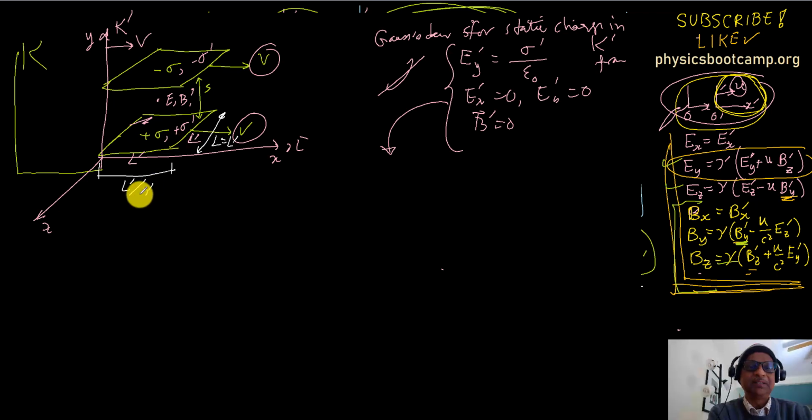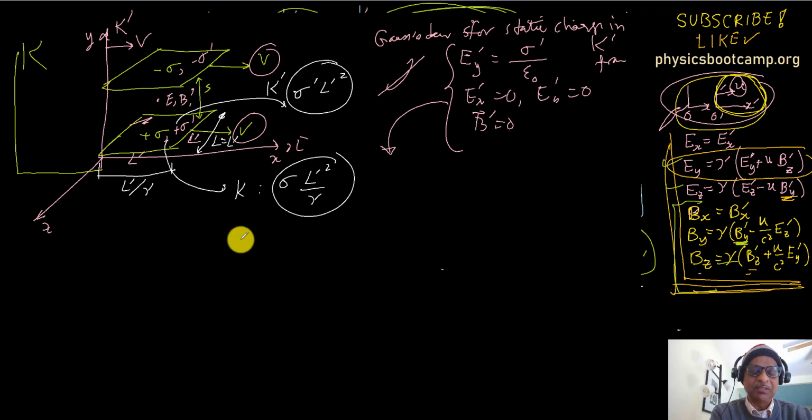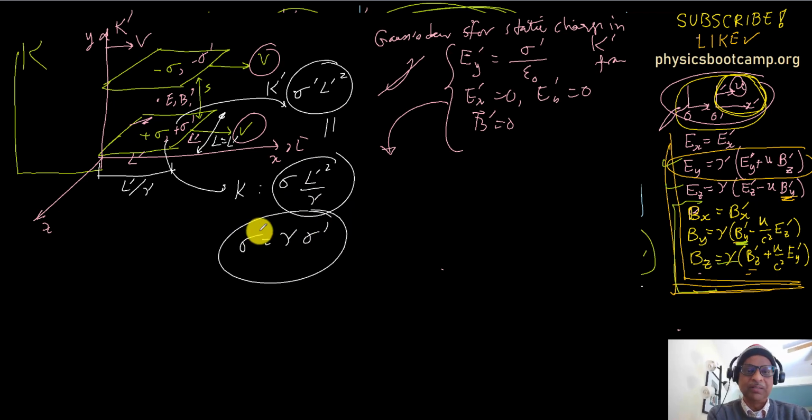Because of that, you ask how much charge is in there. It's sigma prime L prime squared. You need to have the same charge in the K frame, so you're going to have sigma L prime squared over gamma. They have the same amount of charge. So equating them, sigma equals gamma sigma prime, and you use that to write everything in terms of sigma.